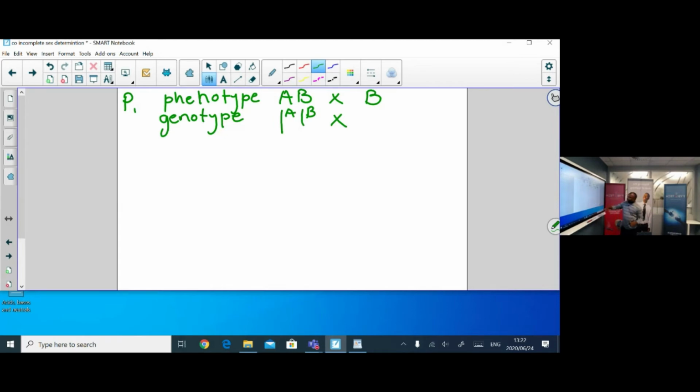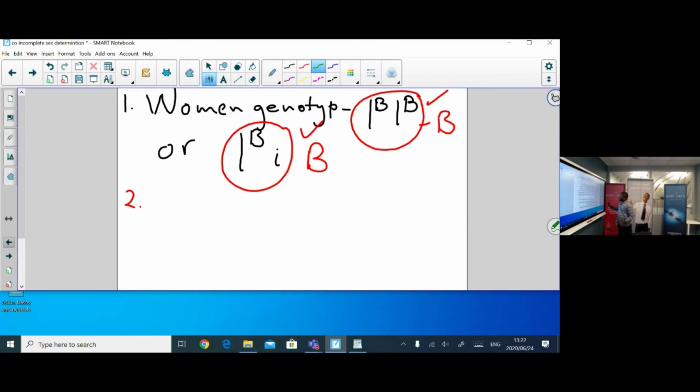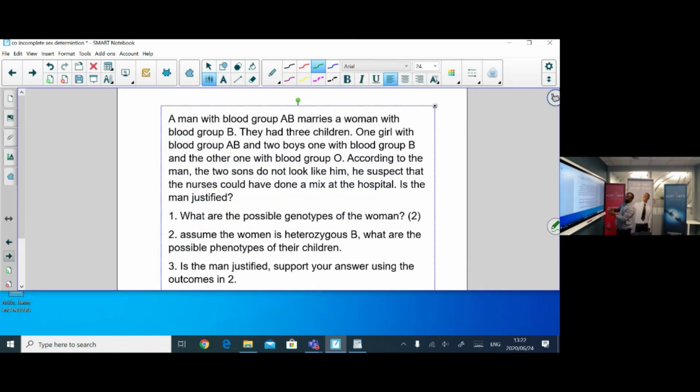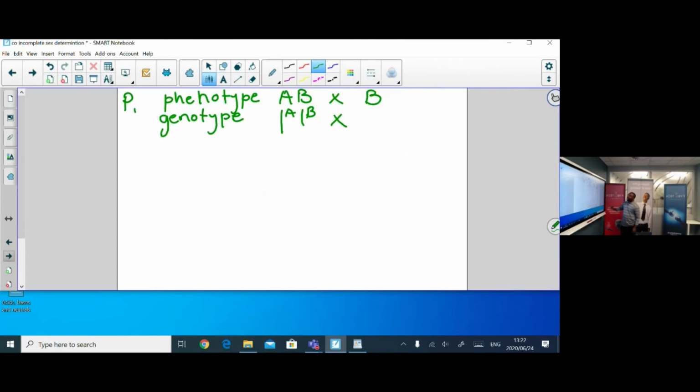We are told to assume the woman is heterozygous B. So I need you to put the genotype for heterozygous for blood group B, which is I^B I^O, and we use I. Wonderful. Next, we show meiosis.